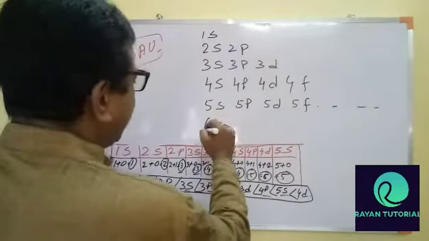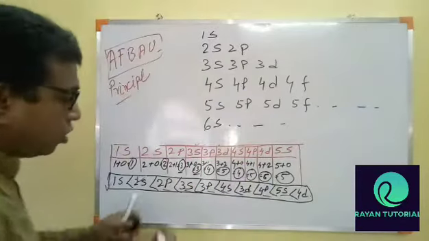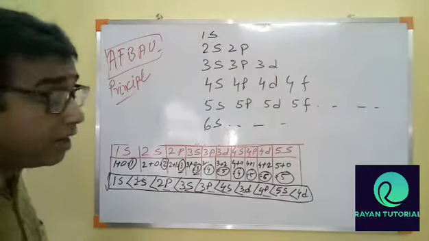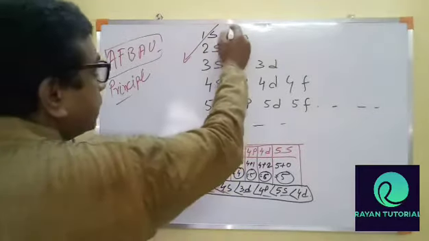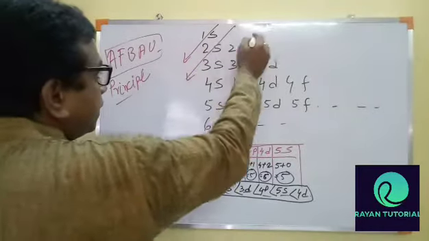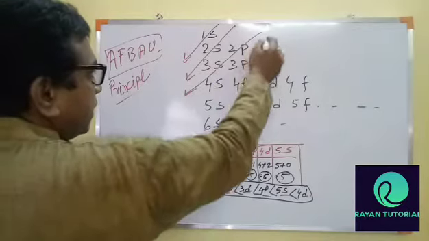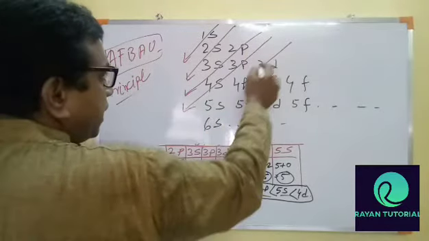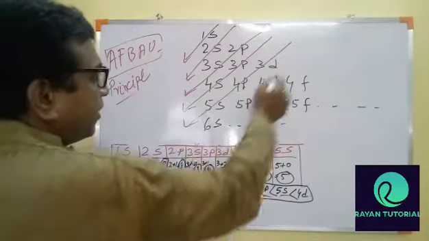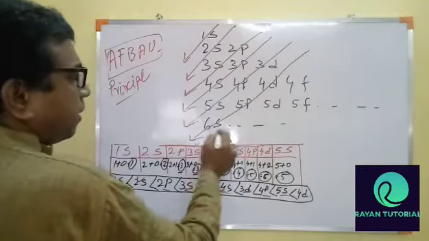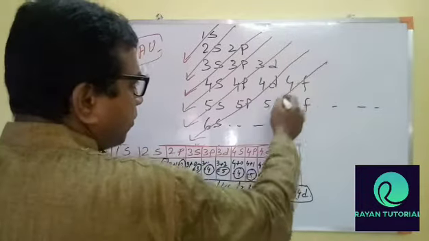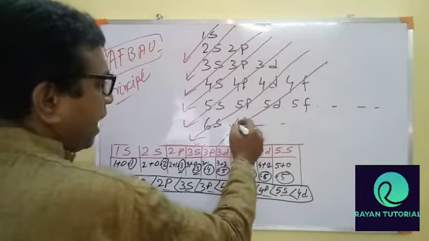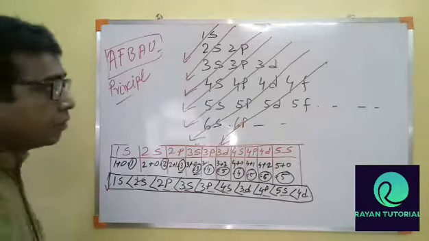Then 6s and so on. Now how will the electrons fill? From the top, diagonally: 1s, then 2s, then 2p, 3s, then 3p, 4s, then 3d, 4p, 5s, then 4d, 5p, 6s, then 4f, 5d, 6p, and so on. Clear?